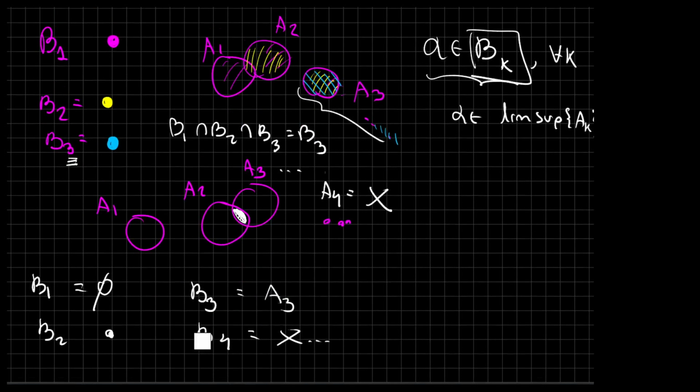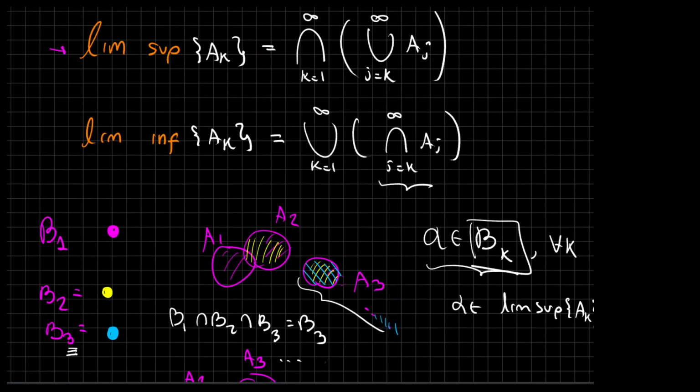So ignoring this fourth step, if we have only these 3 first elements, then it will be the union of the empty set with this intersection and with A3, and so the union of all of these will of course be A3. So this will be the limit of the infimum.